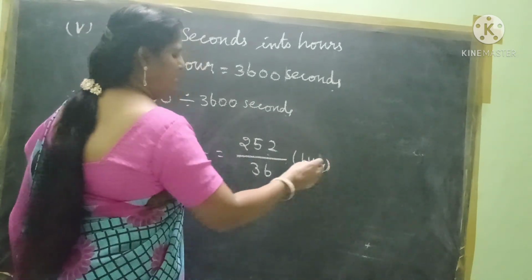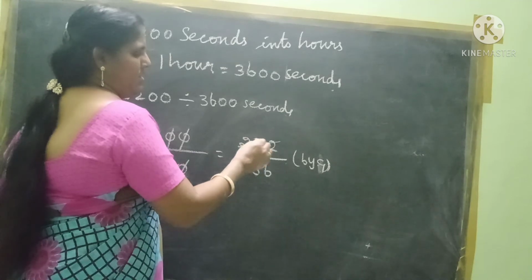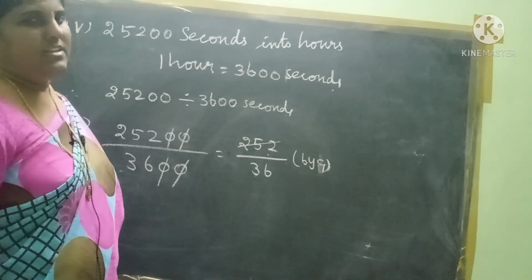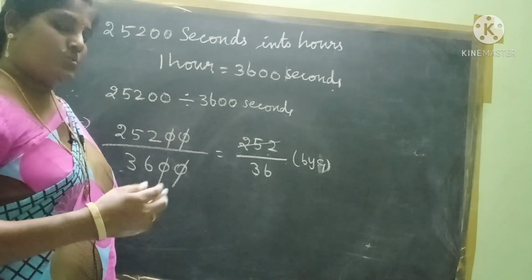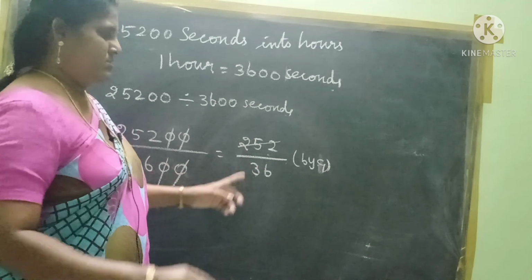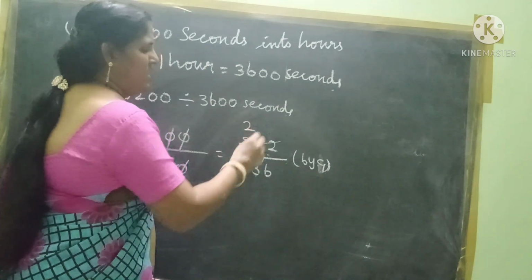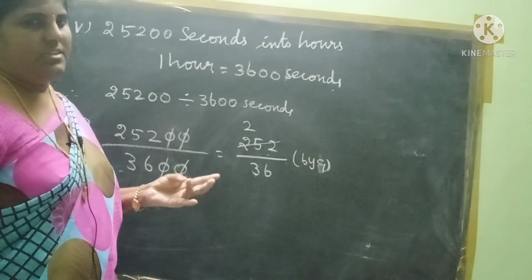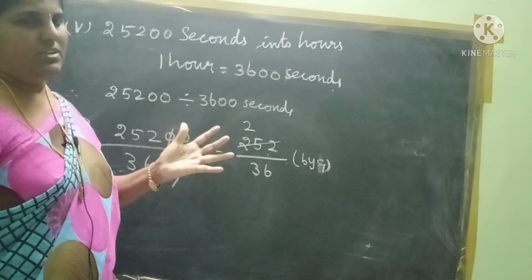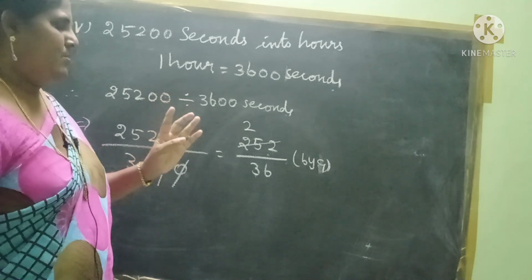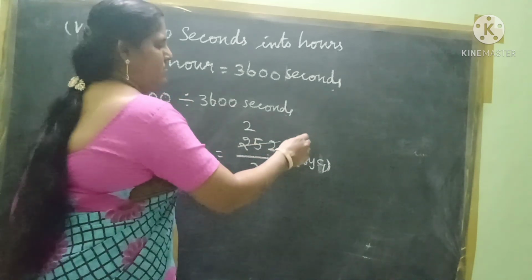If I take the 9 table, in 25 how many 9s are there? 1 nine is 9, 2 nines are 18, 3 nines are 27. So 25 is smaller than 27. So just take 2 nines, 18. 25 minus 18, 7 is the remaining. 7, 2, 72.